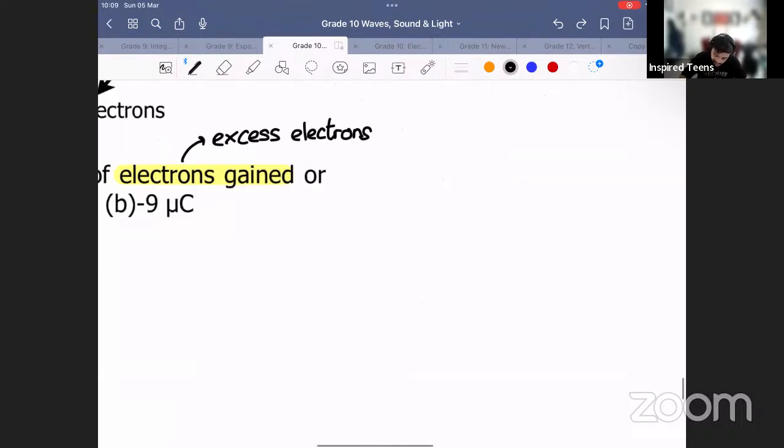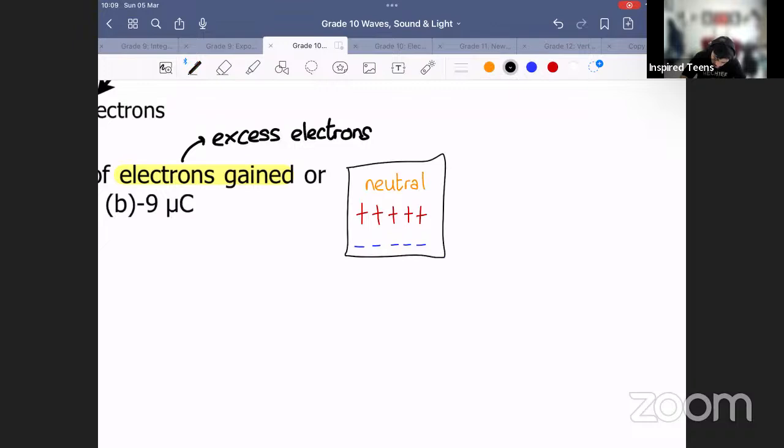It's a very simple understanding. If you have this, this is what we call neutral. In a neutral atom, in this case, we have 5 positive charges and 5 negative charges.